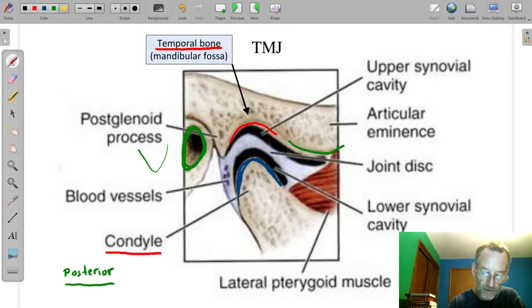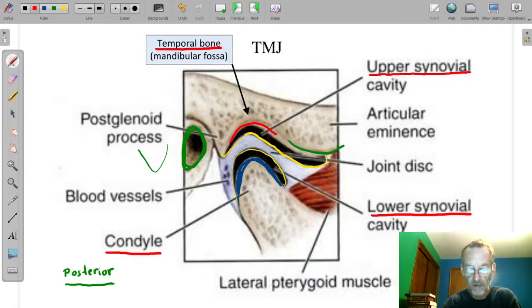So this, of course, is the disc. There's some things to note about it. It divides this joint into two cavities. There is an upper joint cavity, an upper synovial cavity, and there's a lower joint or lower synovial cavity above and below the disc.